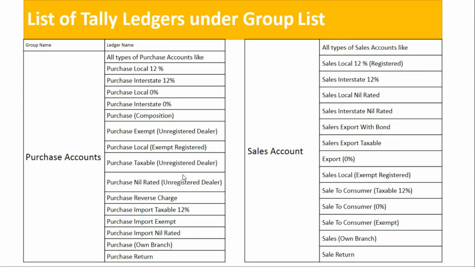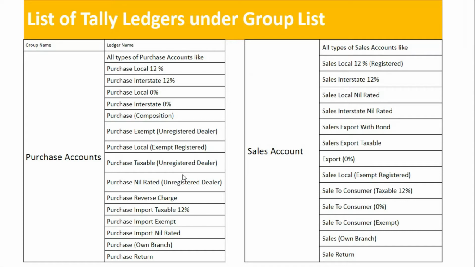Then these are the list of Tally ledgers under the group list. Under the group name purchase account, we have ledger names like purchase local, purchase interstate, purchase taxable, purchase reserve, purchase import exempted, purchase written, and even if it's purchase of own branch, it will come under purchase account.